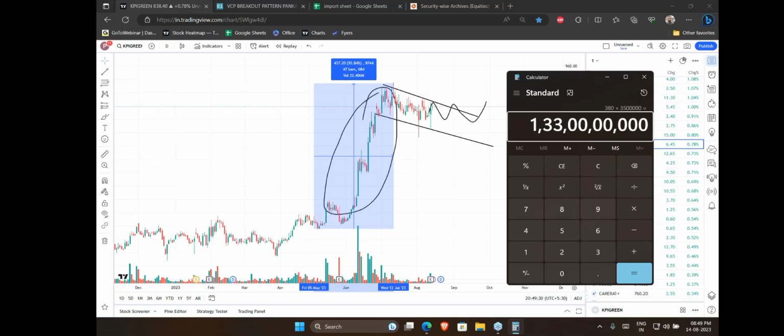Price को थोड़ा रुकना जरूरी है. That comes to 238 crores.